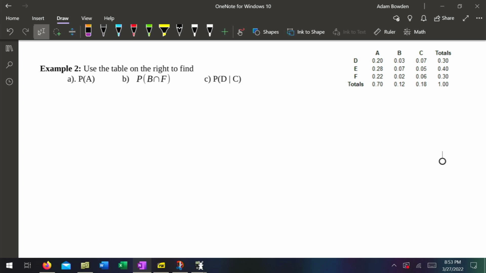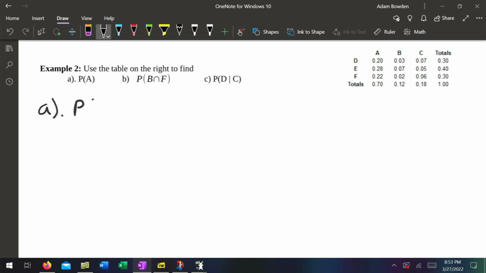On this one, it says use the table on the right to find the probability of A, the probability of B intersect F, and the probability of D given C, where the events A, B, and C are mutually exclusive, as well as the events D, E, and F. These are all mutually exclusive events here. So in other words, the events cannot happen at the same time, which makes it a little bit easier to work with.